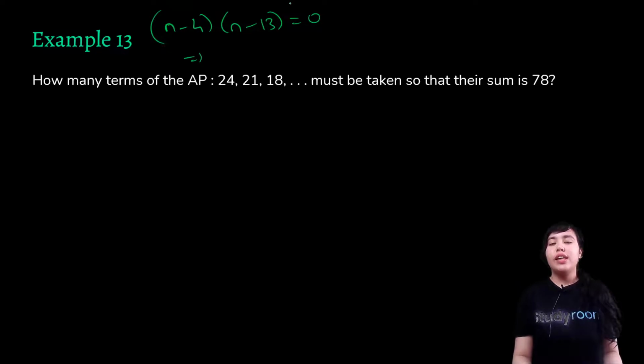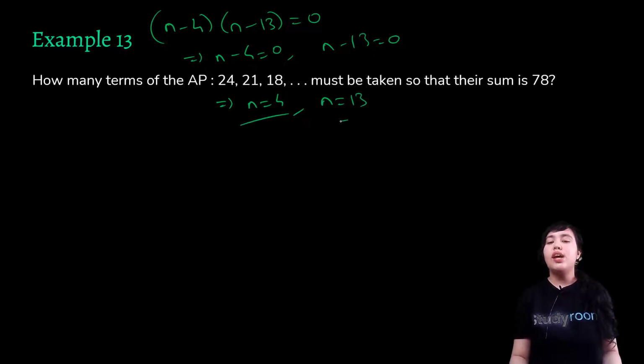Now for this entire polynomial to be 0, you know that the individual factors should be 0, which means n minus 4 is equal to 0 and n minus 13 is equal to 0. So that will give you n equal to 4 and n equal to 13. So the number of terms could be 4 or they could be 13.